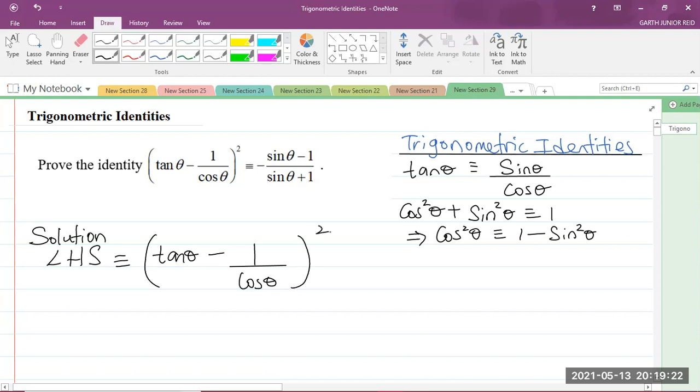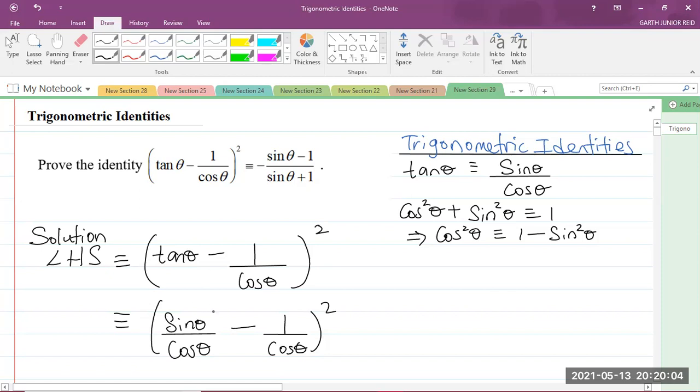This is equivalent to, since tan theta is sine theta divided by cos theta, replacing tan theta with sine theta over cos theta, minus 1 divided by cos theta. And remember we have to square that expression, so all squared.